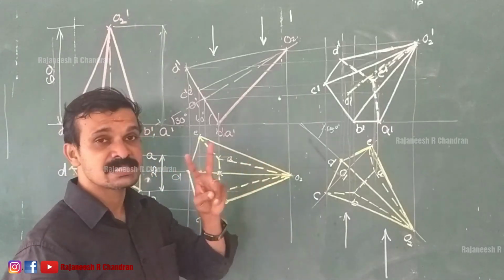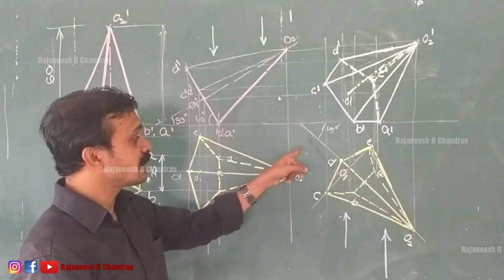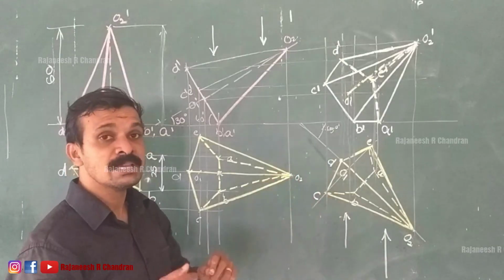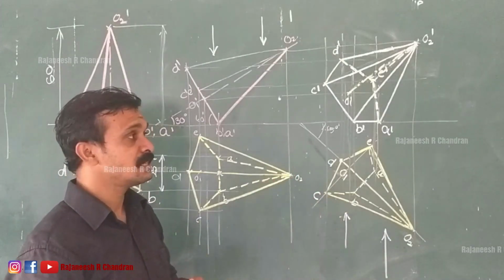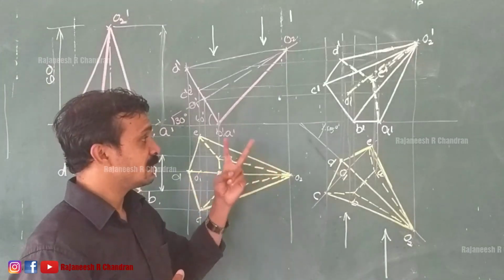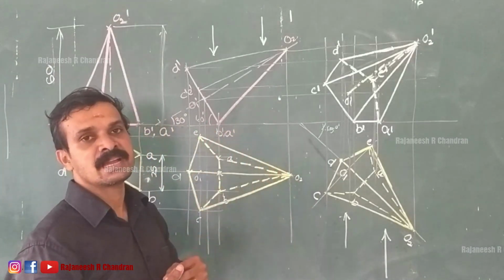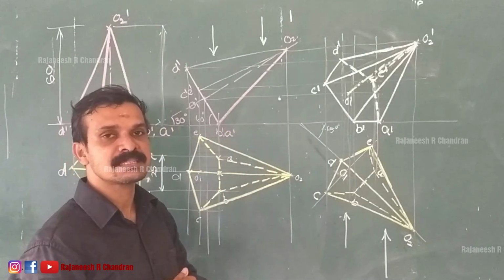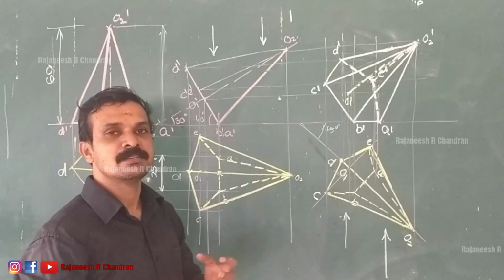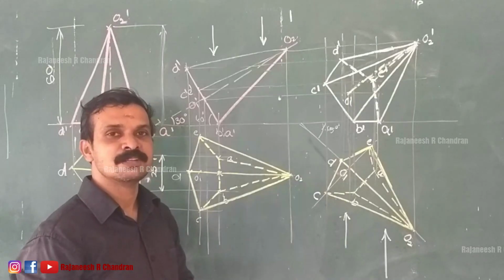The difference is in the second inclination. That means here the top view of the axis is inclined at 30 degrees. In the next video we will be discussing what alterations we have to make when the axis is inclined at an angle with respect to VP. So that we will be discussing in the next video.